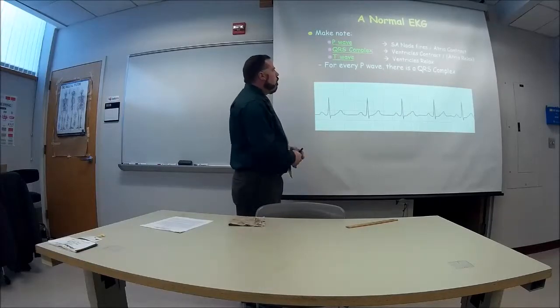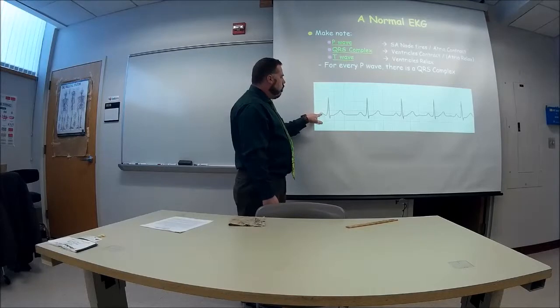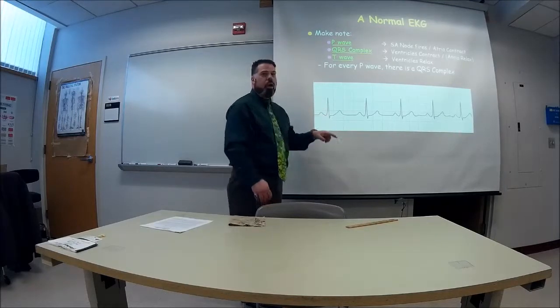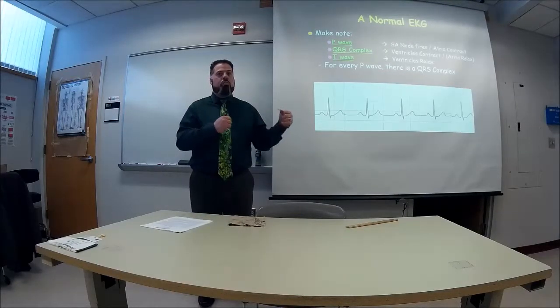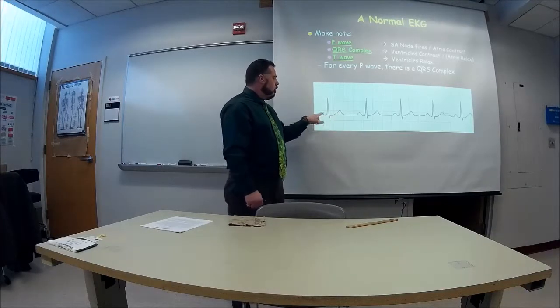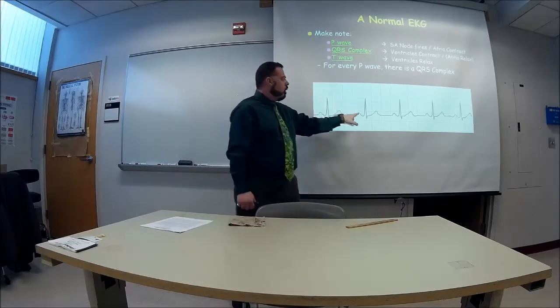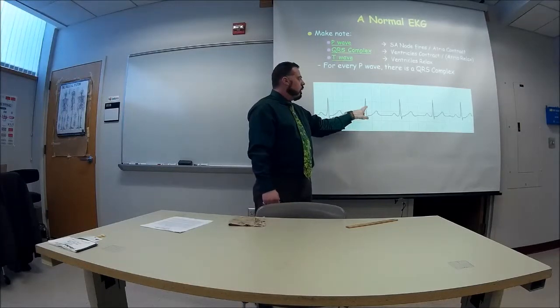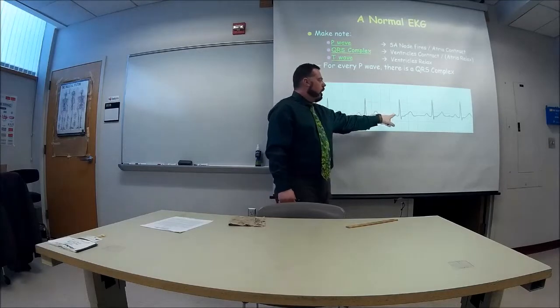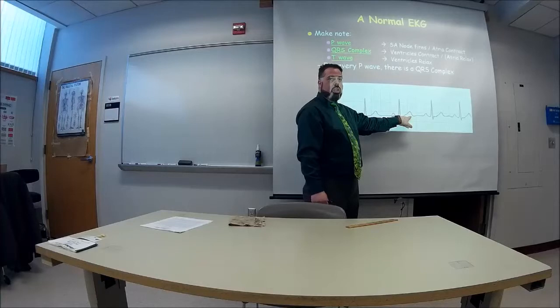Now, keep in mind, with every P wave there should be a QRS. For every atrial contraction, there should be a ventricular contraction, and then a relaxation. Atria contract, ventricles contract, ventricles relax.